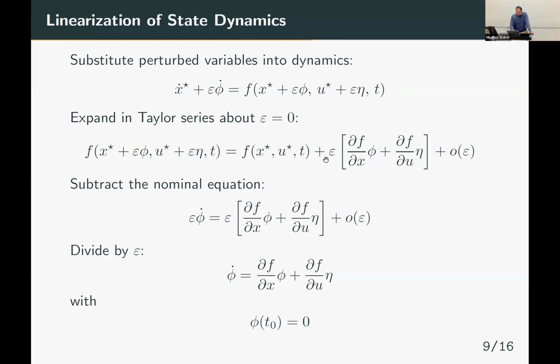Now, when you subtract the nominal equation, you will end up with epsilon phi dot is equal to this term plus order of epsilon, okay? So basically, you take this, subtract, take this to the other side with the minus, and that will be equal to epsilon phi dot.